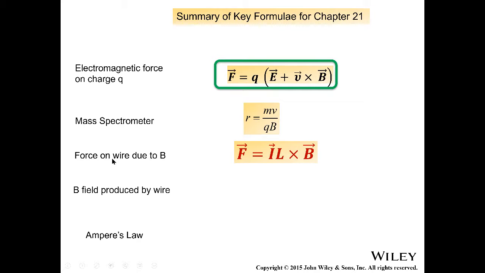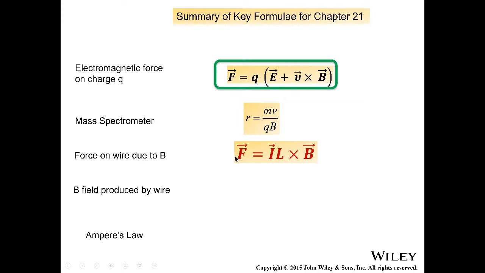Now the other thing, as we went on in chapter 21, is that if you have a wire that carries a certain current I, and the wire is of length L, and it is in the presence of an external magnetic field, there's a force on this wire.